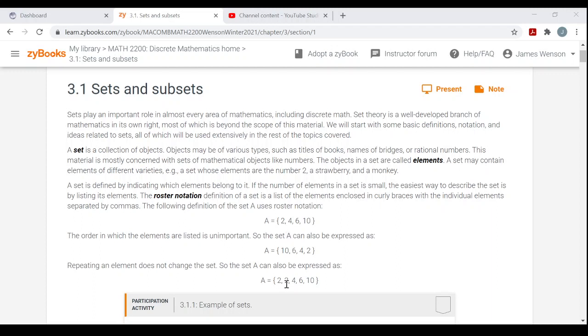Repeating it doesn't change what elements are in it. 2 and 2, that means I have the element 2, 4, 6, and 10. So these are all the same set. Again, repetition doesn't change the elements you have. Now, if sets have different elements, they're not the same. If I had another set with the number 5 in it, this doesn't have the number 5 in it, so it wouldn't be the same as set A.